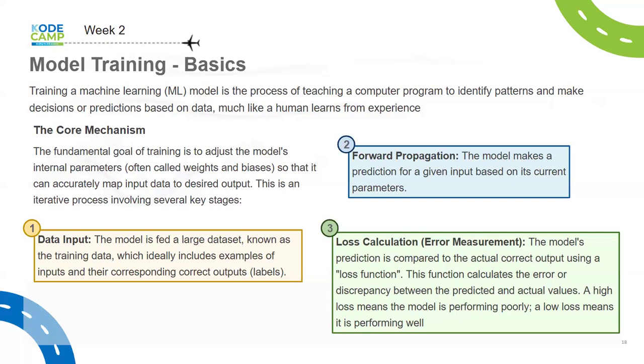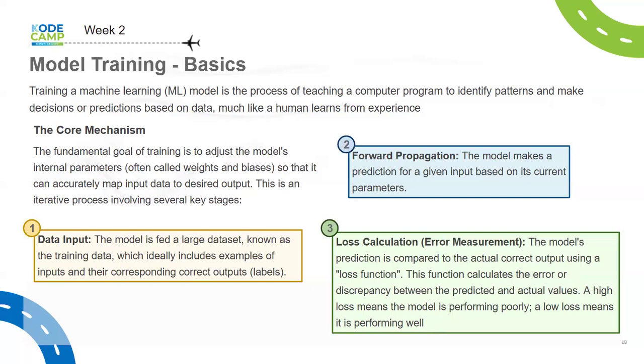You're calculating how far away the model's prediction is from the true values. This uses a function called a loss function, which calculates the error or discrepancy between the predicted value and the actual value. You want the value of the loss to be as low as possible. If the value of the loss is high, it means the model is not doing well.